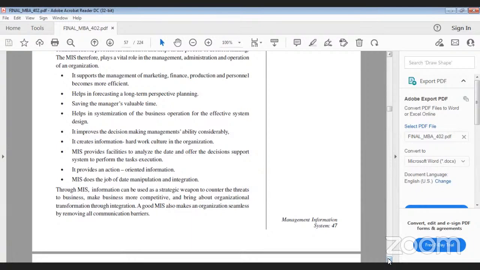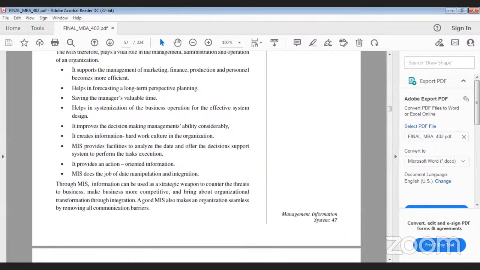MIS does the job of data manipulation and aggregation. That MIS information can be used as a weapon to counter the threats to business, make the business more competitive, and bring about organizational transformations. A good MIS also makes an organization seamless by removing all communication barriers.